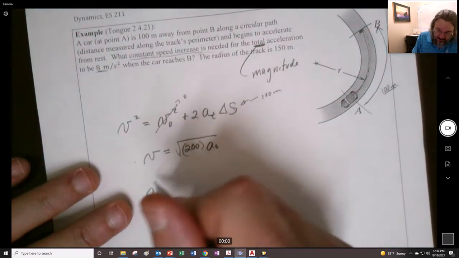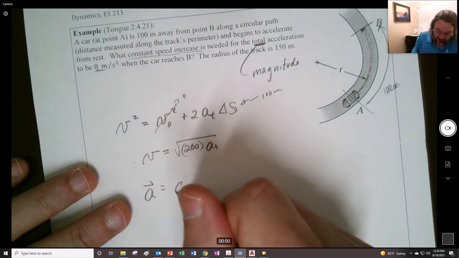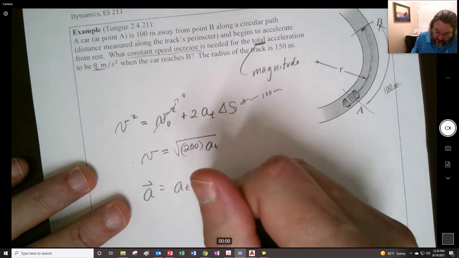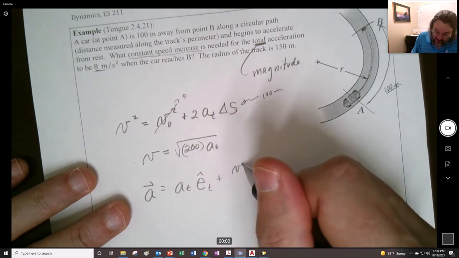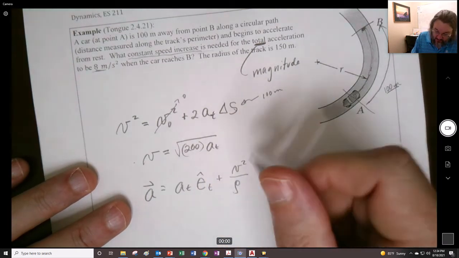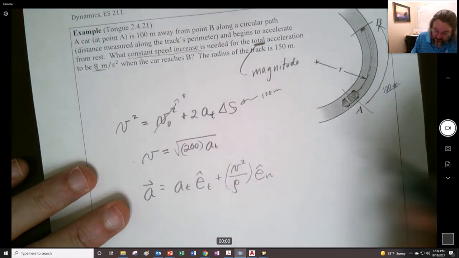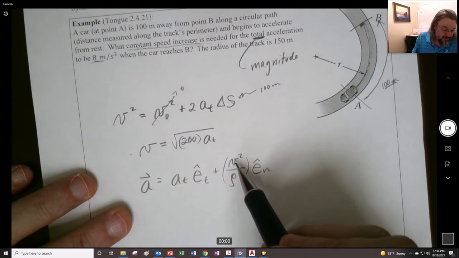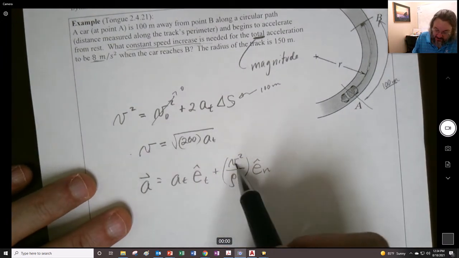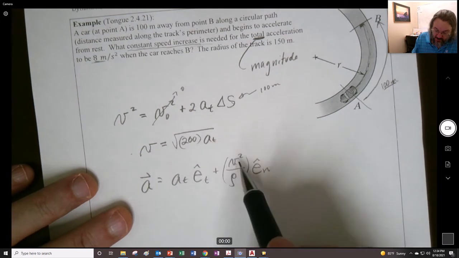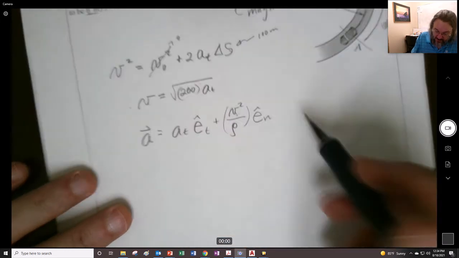Now we write out the acceleration. It's going to be equal to a_t e_t plus v squared over rho e_n. We still don't know what this velocity is, but we can stick this back in there.